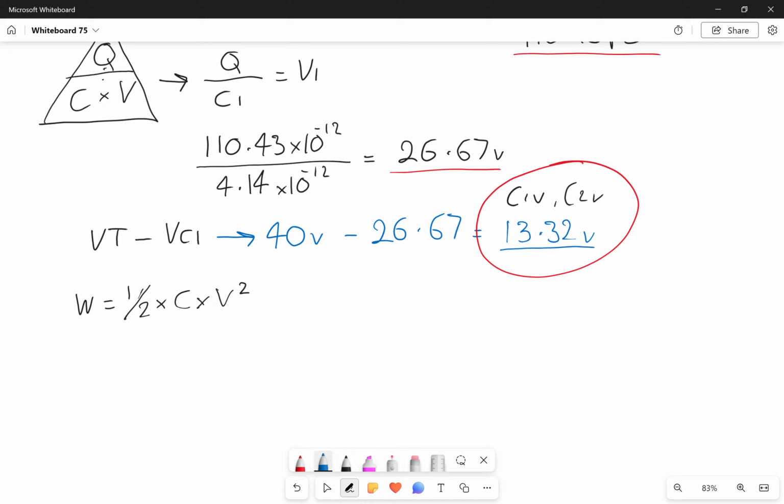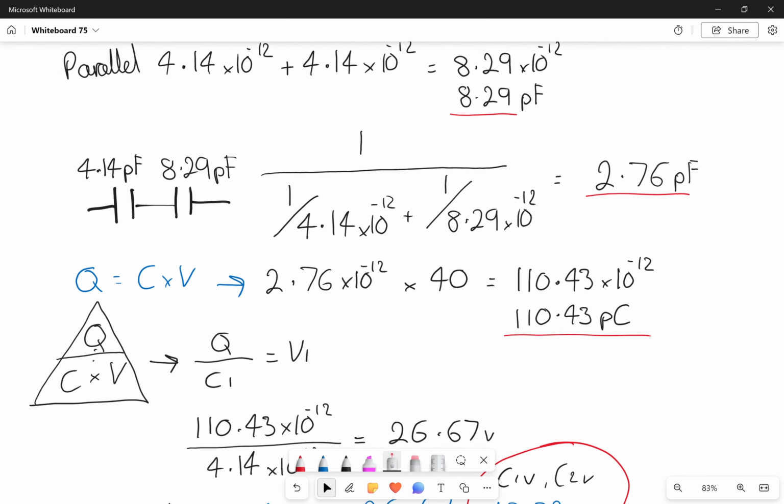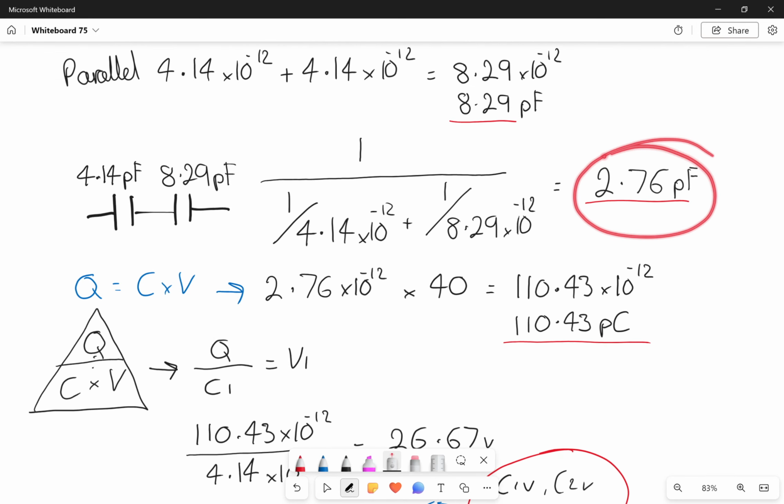Now we've got all these values from before, so when we come to fill out this formula, I always do it as 0.5 because it's quicker than faffing with the fraction button on your calculator, times total capacitance, which we worked out as 2.76 picofarads.